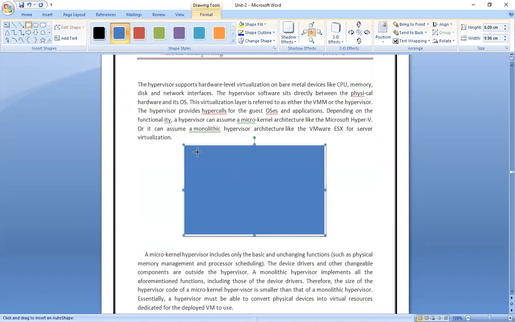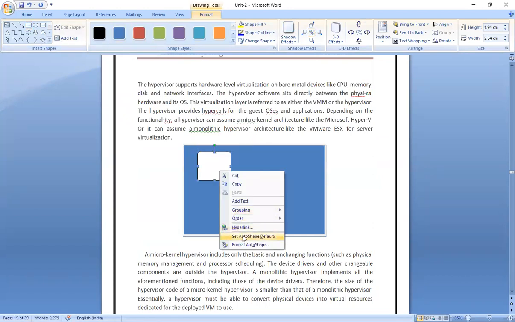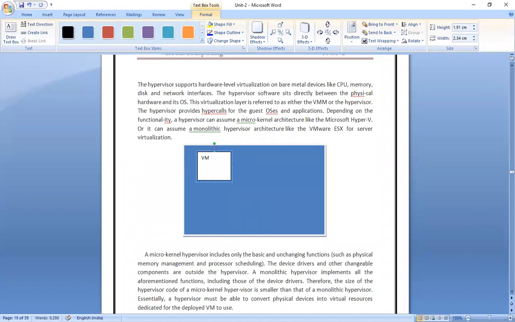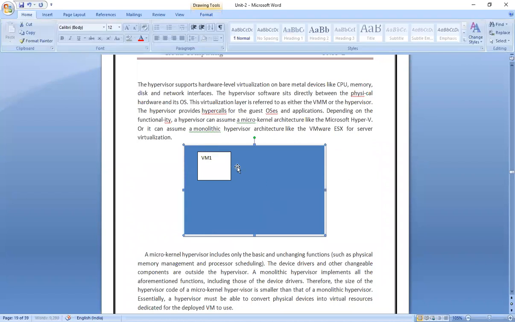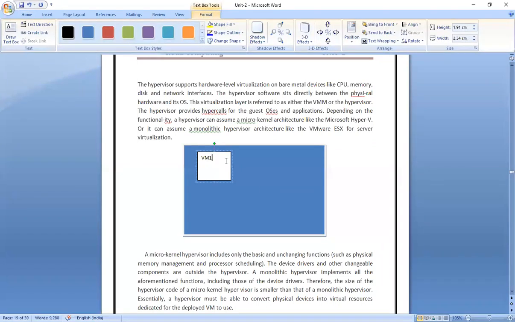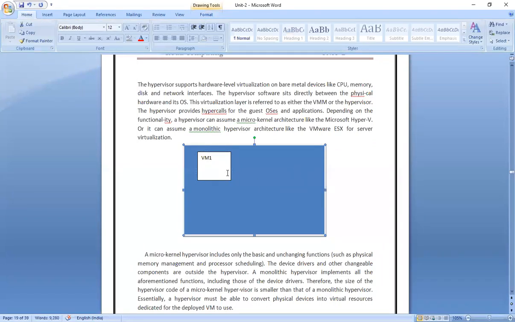First one is virtual machine VM1, and we have another virtual machine VM2.